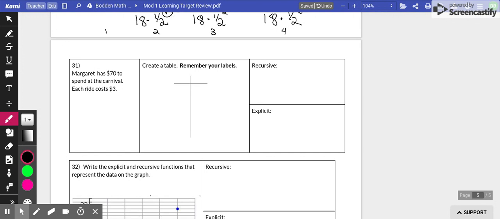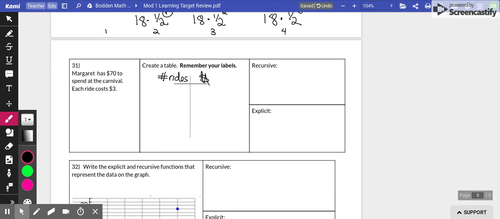Next example. All right, we have Margaret. Margaret has $70 to spend at the carnival, and each ride that she goes on costs $3. So the amount of money she has depends on how many rides. So I'm going to label my table number of rides and then the amount of money she has.